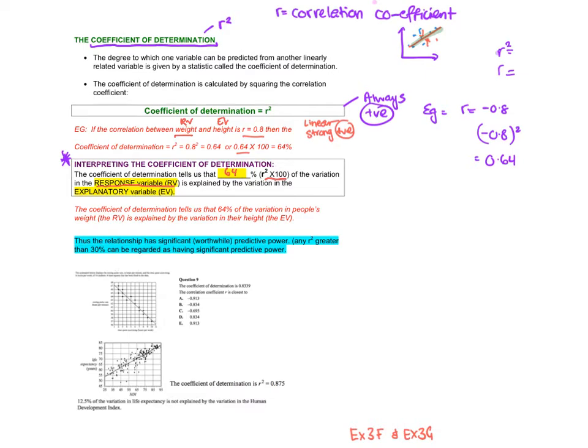We're just saying as we change people's height, the weight changes, and the variance is 64%. Then we might say there's 36% of other things that are affecting the change as well. Here I've written it out to show you how that would look.